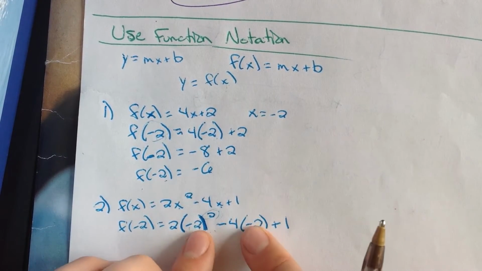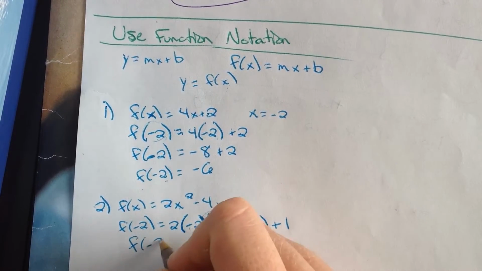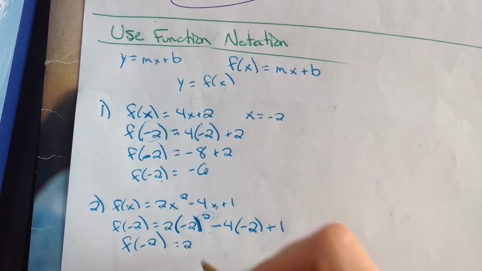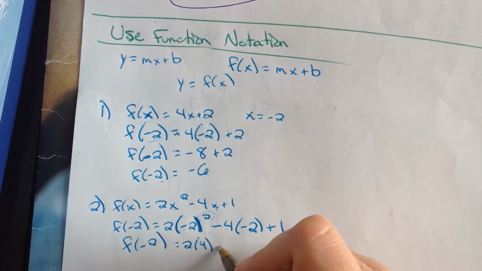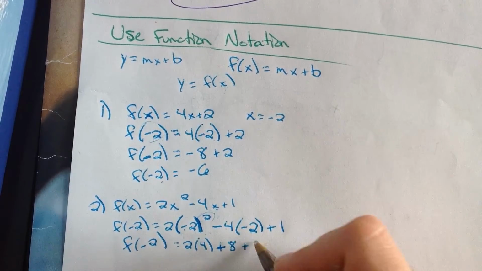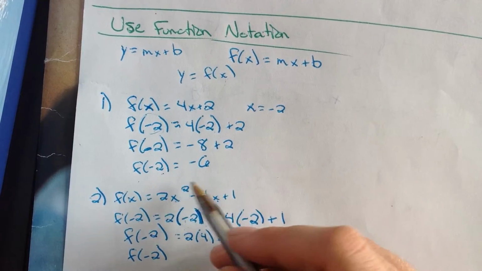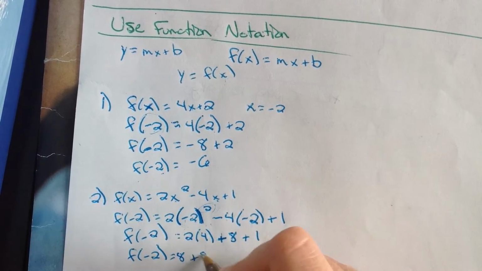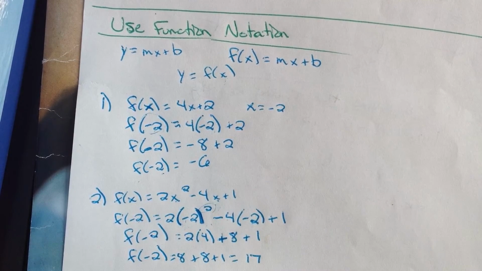Plus 1, so we put negative 2 in for both the x's. So f of negative 2 is equal to 2 times negative 2 squared. So negative 2 times negative 2 is 4. 4 times negative 2 is negative 8. So f of negative 2 applied to this function is equal to 8 plus 8 plus 1. So that makes a total of 17.